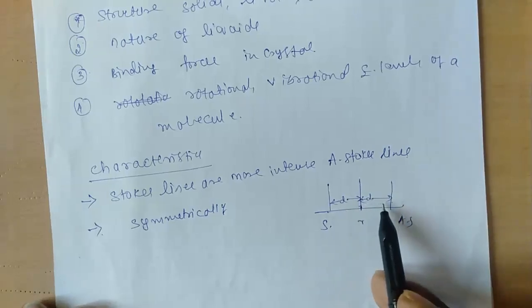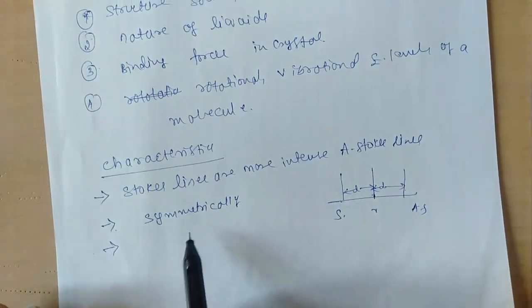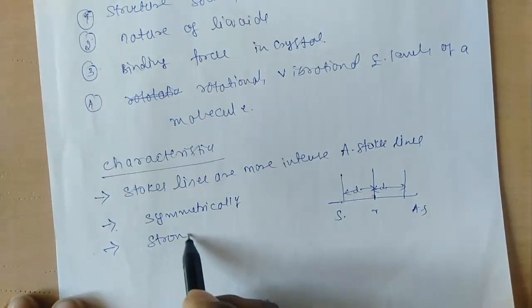Okay, so this is said to be symmetrical. That is, the Stokes lines and anti-Stokes lines will be symmetrically placed about the original line or the parent line, and they are strongly polarized.